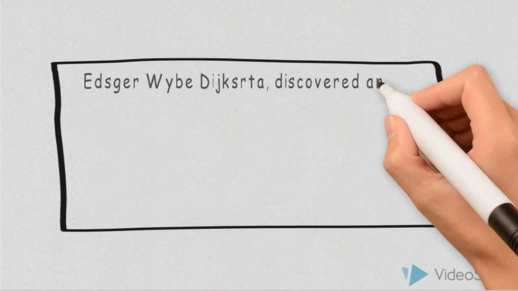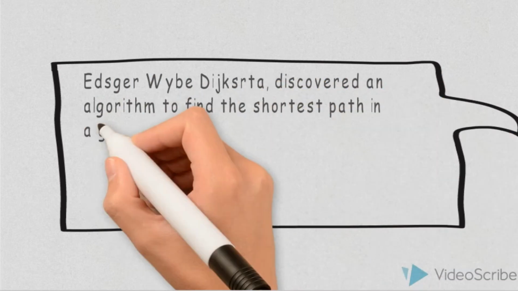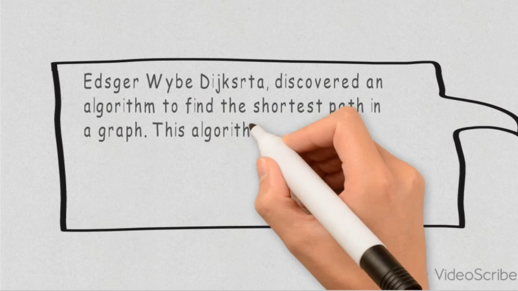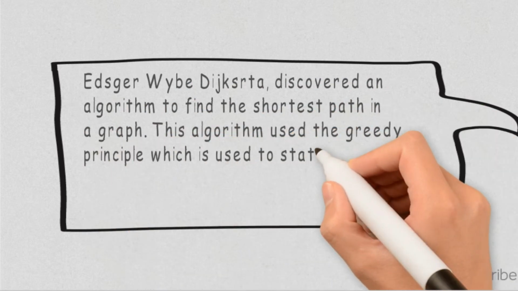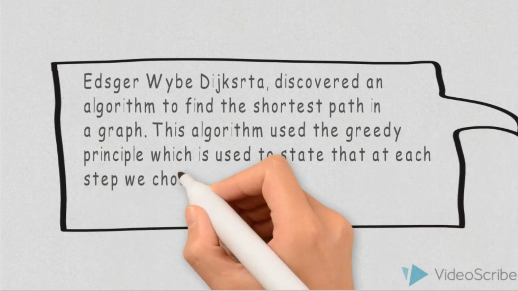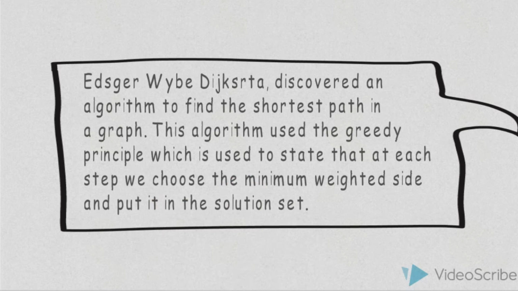Edsger Wybe Dijkstra discovered an algorithm to find the shortest path in a graph. This algorithm uses the greedy principle, which states that at each step we choose the minimum weight side and put it in the solution set.